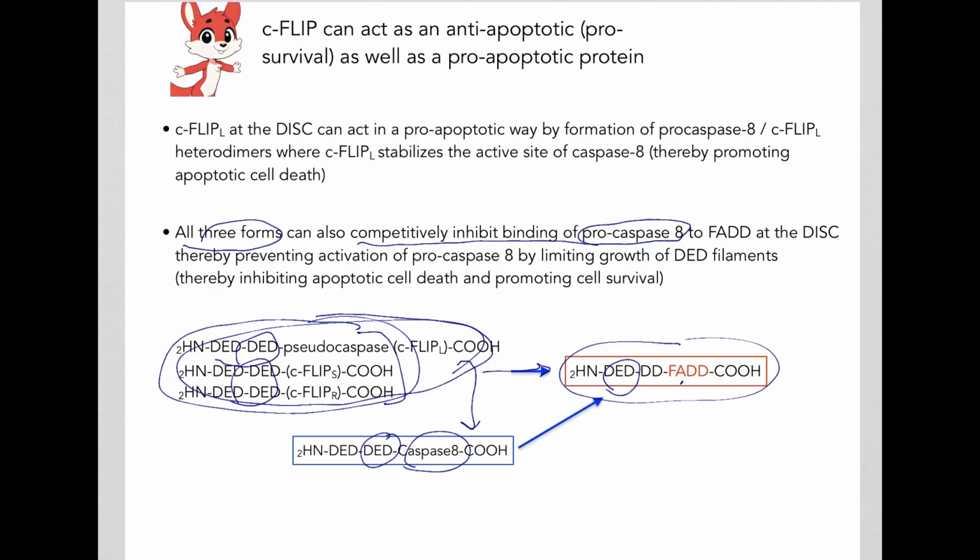And thereby they can prevent the activation of caspase 8 by limiting the growth of the DD filaments, thereby inhibiting apoptosis and actually promoting cell survival. So C-FLIP can promote cell survival or promote apoptosis.